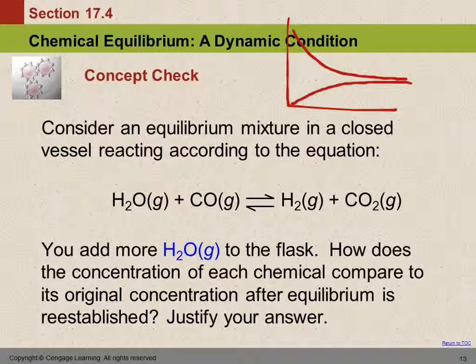It should be higher, right? Because when we add H2O, we increase the forward reaction, and so the equilibrium tips this way because we can make more product faster. So this would be like taking this and raising it up.